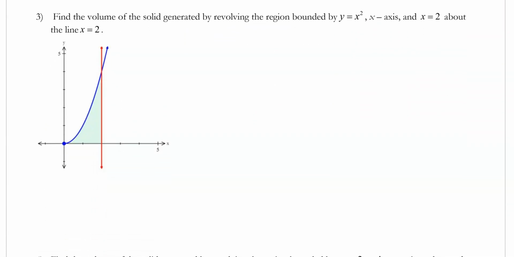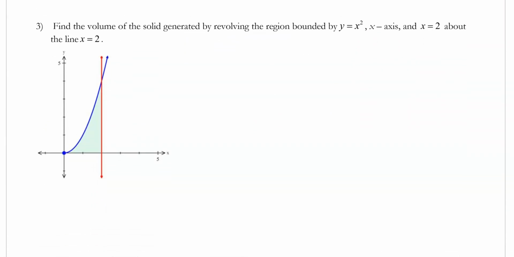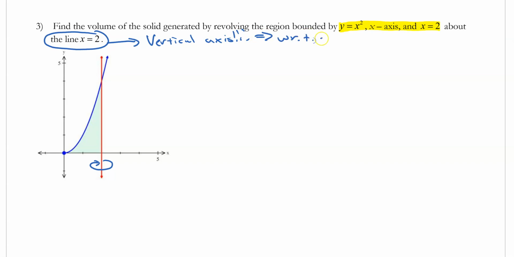Okay, so if we continue on here, we have another example, and this time I have a sketch for us, but we're being bounded by these three things. So you can see that's the greenish region here, and we're spinning this thing around the line x equals 2, so this line right here. So now, because this is a vertical axis, then we have to work with respect to y, okay?